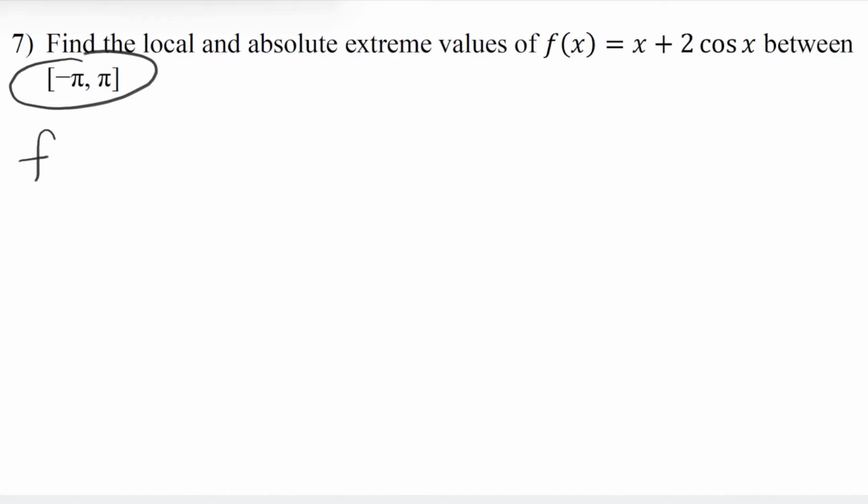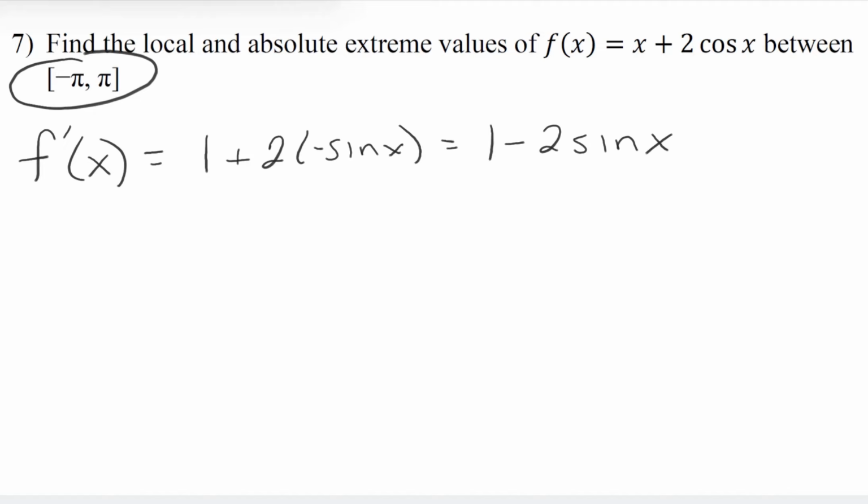All right. So f prime of x. Derivative of x is 1 plus 2 times negative sine of x. So I get 1 minus 2 sine of x. All right, so now we need to figure out where this equals 0.